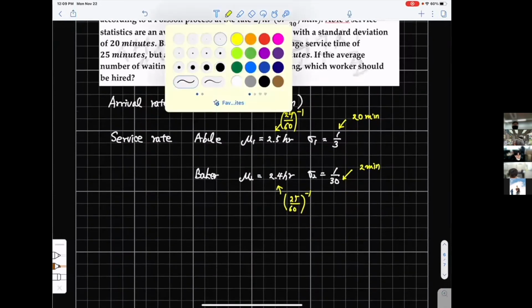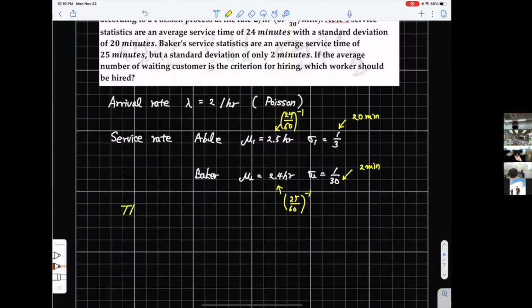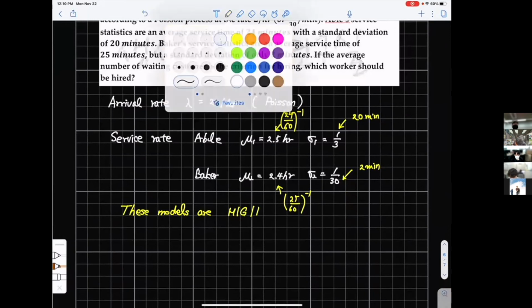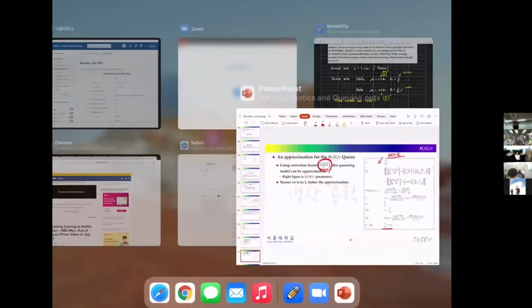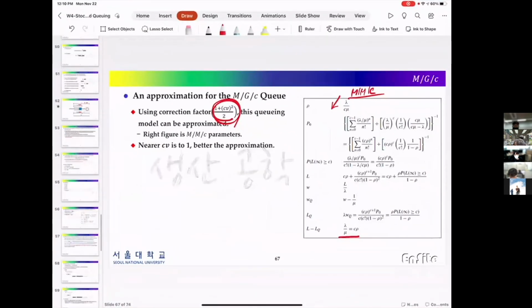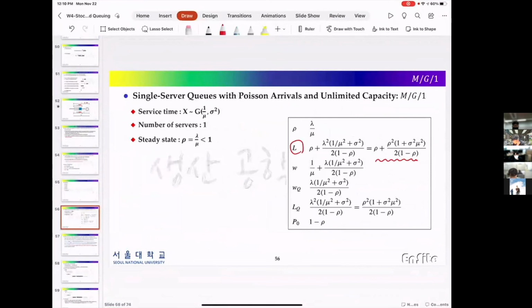Anyway, these models are M/G/1. If we see the M/G/1 parameters here, we just need to calculate the LQ, because the criterion for the hiring is the number of waiting customers.